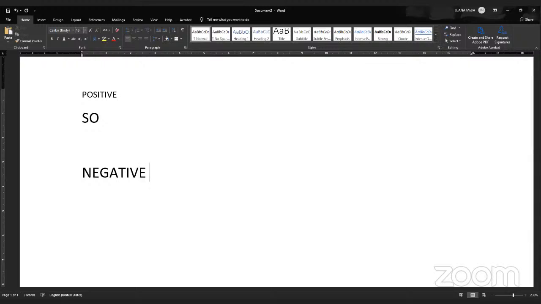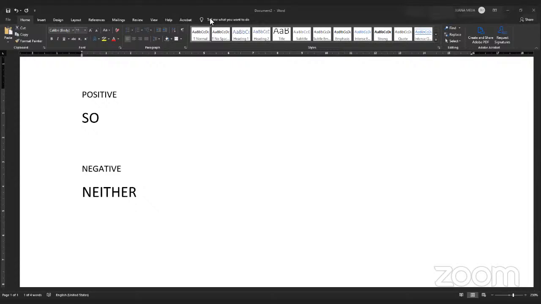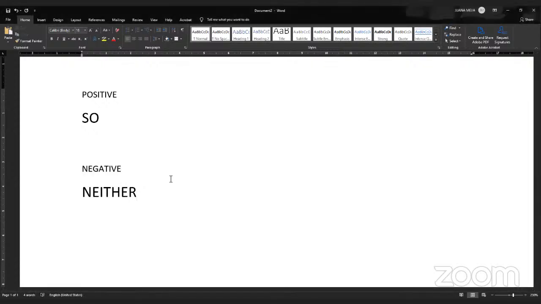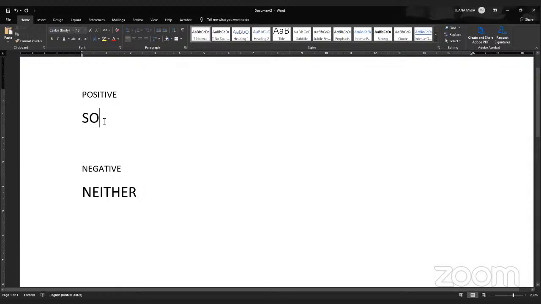For negative is a new word. In negative, we're going to use the word neither. Neither or neither. Two different pronunciations. For me is neither. Okay. Positive, so.